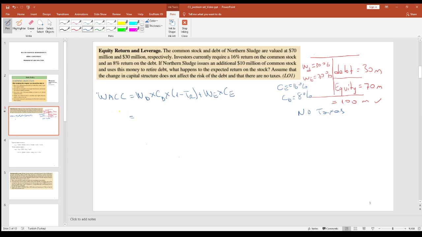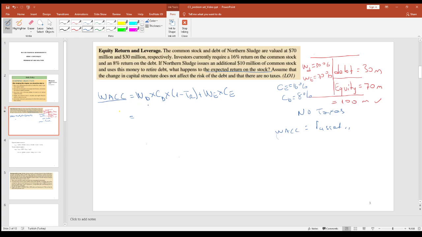Why do I calculate the weighted average cost of capital? Because it also equals the expected return on the asset. The weighted average cost of capital is the minimum rate that investors expect from their investment. This is also shown as return on asset in notation.